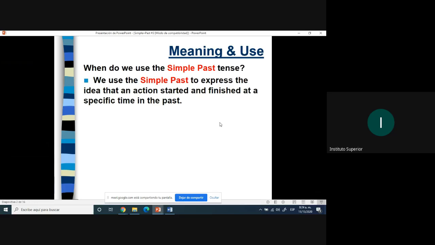Very good. What are some common time expressions used with the simple past tense? Help me out. Before I start pressing all, they will come out, but I want you to help me. Which are some of the time expressions we use in the simple past?